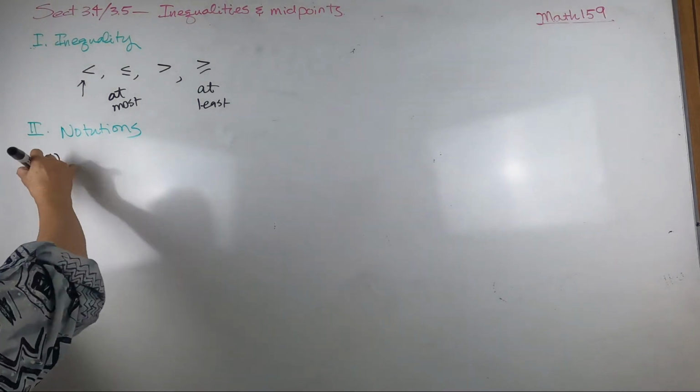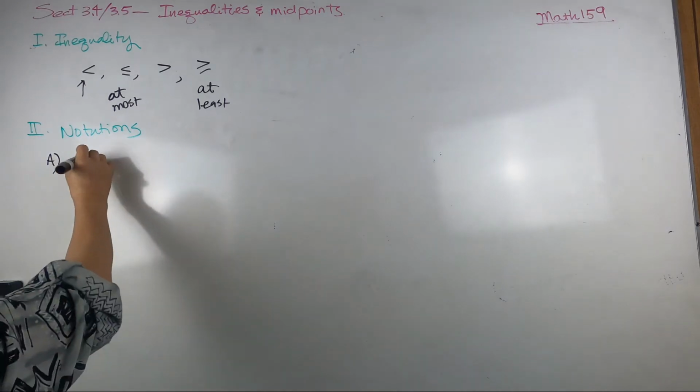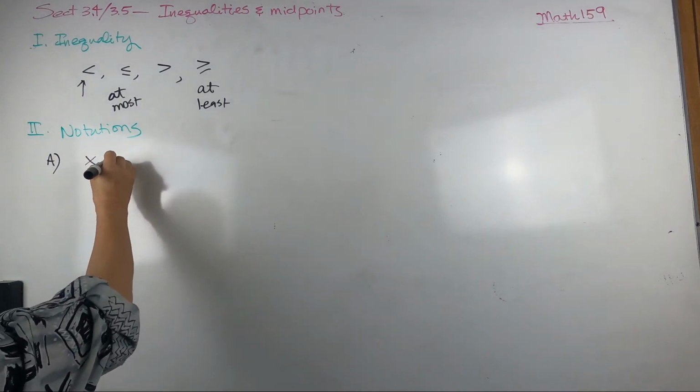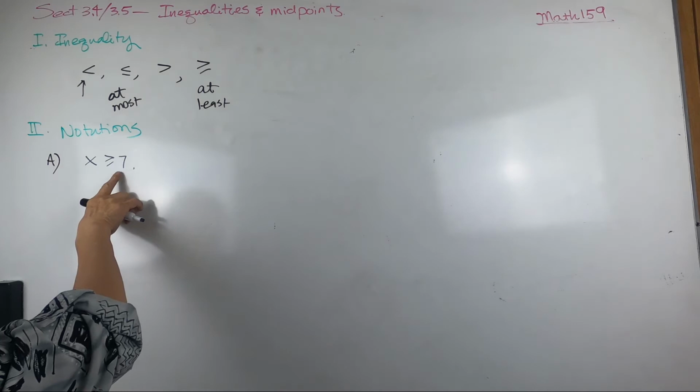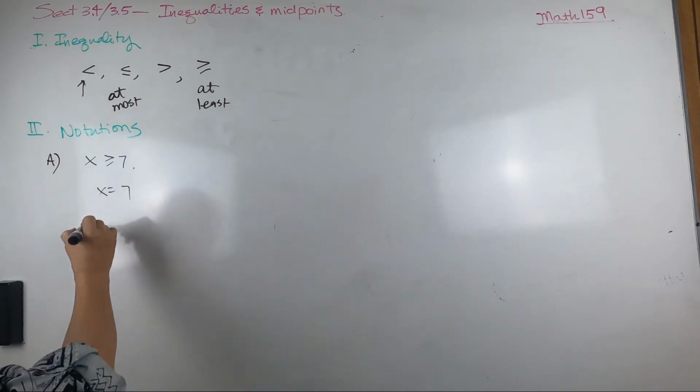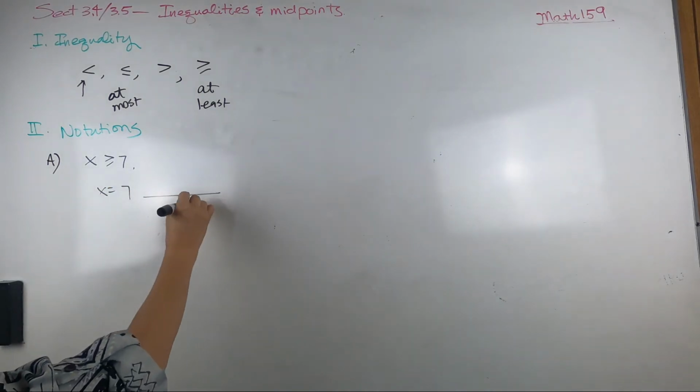So when we say x bigger than or equal to 7, how do we graph it on the number line? If x equals 7, it's very simple, just a point, 7.